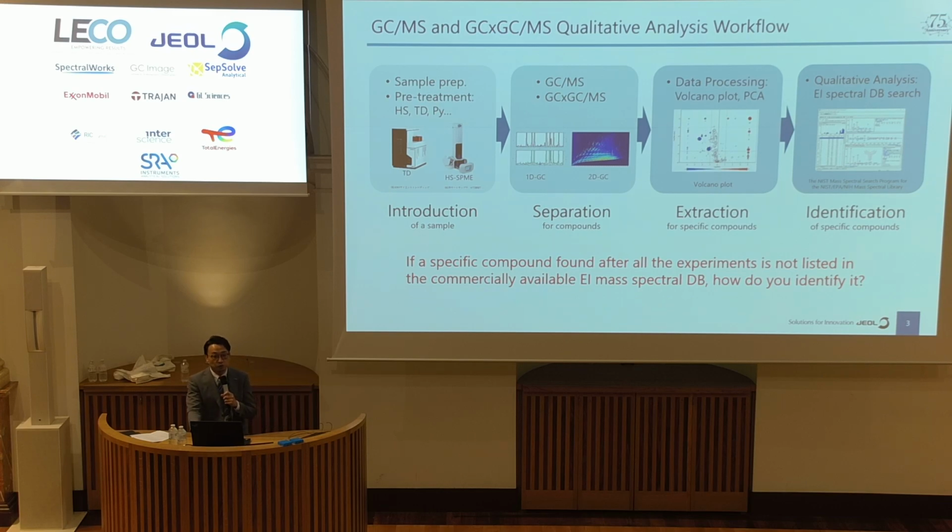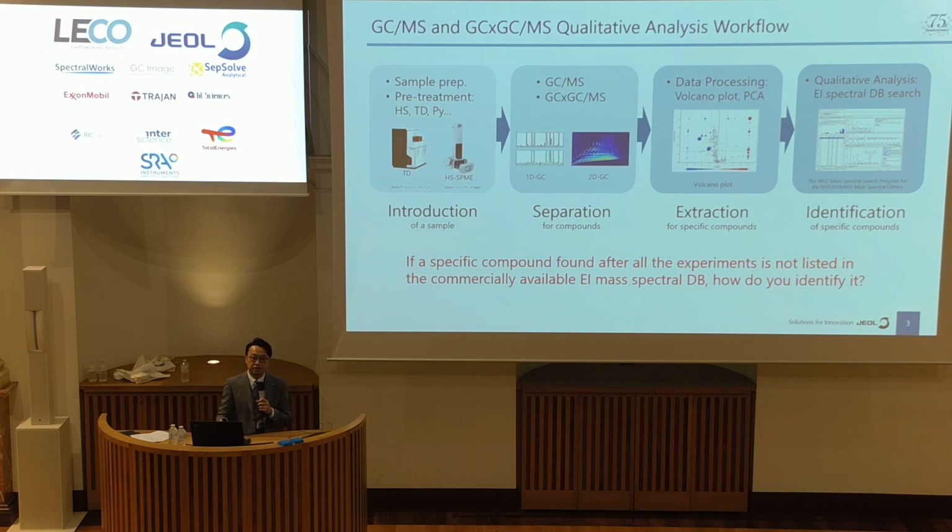Right now, we can use volcano plot, PCA, or something like that to extract your specific compounds. After that, we can do qualitative analysis using an EI spectral database search, like NIST. But I want to ask you, if your specific compound is not listed in the NIST database, how do you identify these unknown compounds?